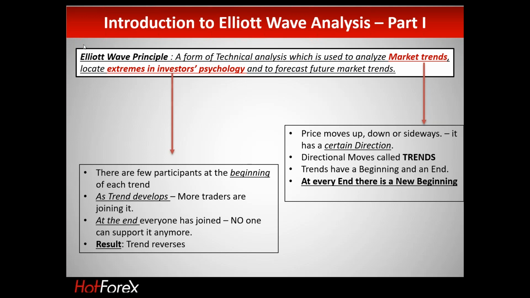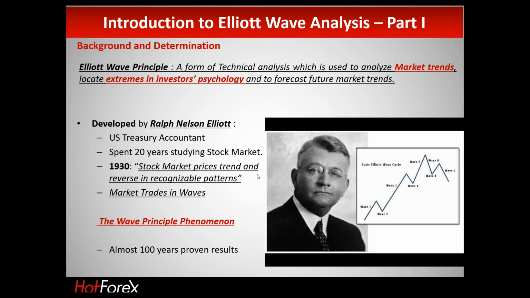As I was saying in the previous slide, next to the picture of Elliott, I have the basic Elliott wave cycle. According to Elliott, the market is generally a wave which is made up of smaller waves.